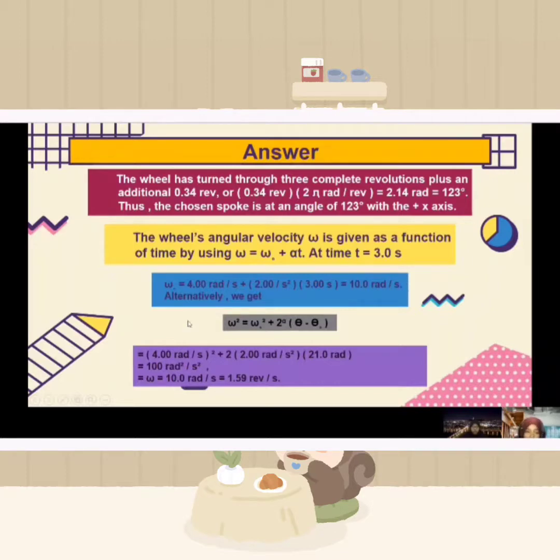Alternatively, we get omega squared equals omega 0 squared plus 2 alpha times theta minus theta 0, equals 4.00 radian per second squared plus 2 times 2.00 radian per second squared times 21.0 radian, equal to 100 radian squared per second squared. So omega equals 10.0 radian per second, equal to 1.59 revolutions per second.